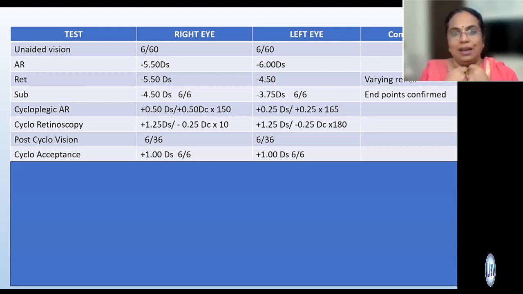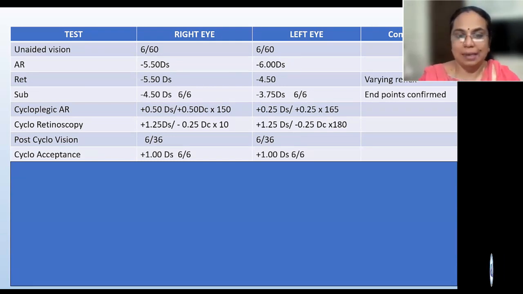Because when they're showing a lower plus in AR and a higher plus in your retinoscope, it's basically because AR is something which is up close. So even though we say, look at the target, which is like a long road and the house at the end of it, they're not really processing all that in their mind, right? So this again shows that the accommodation is really not under control.